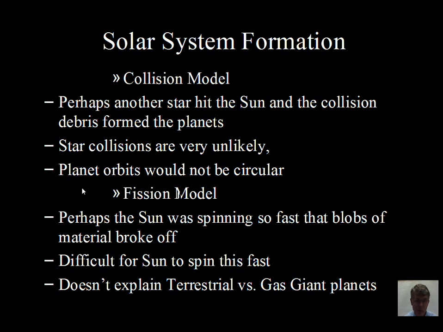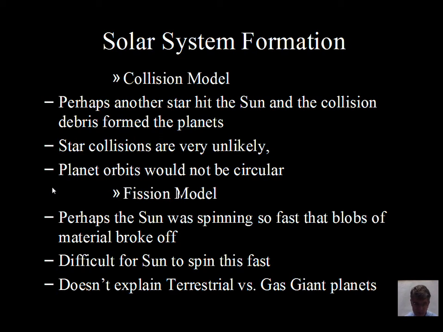And there would be a problem in obtaining circular orbits from the condensation that broke away from the sun. So astronomers are discounting the collision model. It does not agree with our observations. The fission model. Perhaps the sun was spinning more rapidly in the past, and it broke off mass, dense gas coming off.